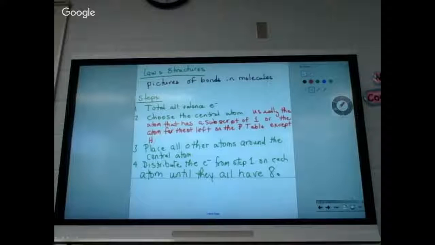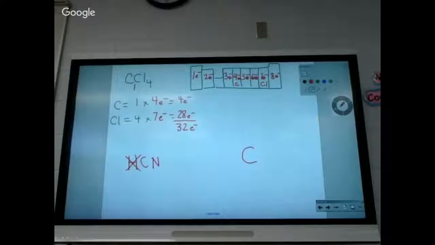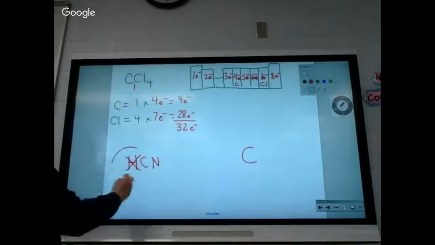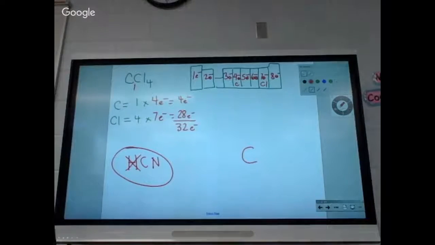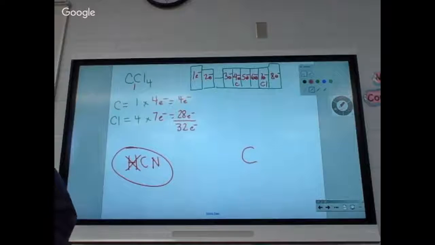In this question right here, if we had that question, how would we choose the one that's going to be the central atom? Oh, I thought you were talking about CCN. No, I said if we had this question, which one would we pick, the C or the N?